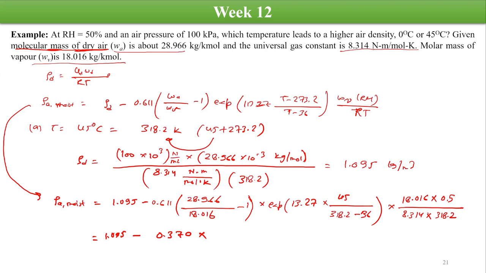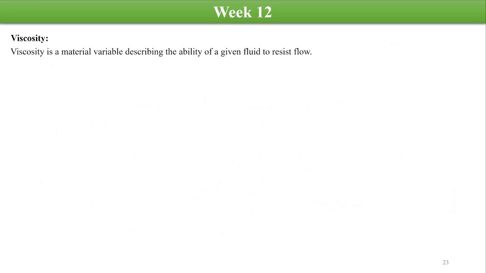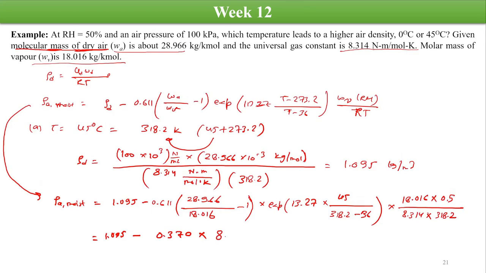We'll close the bracket and we'll obtain 8.298. That will be further multiplied by 18.016 multiplied by 0.5 divided by 8.314 further divided by 318.2. So it will be 3.405 into 10 to the power minus 3.